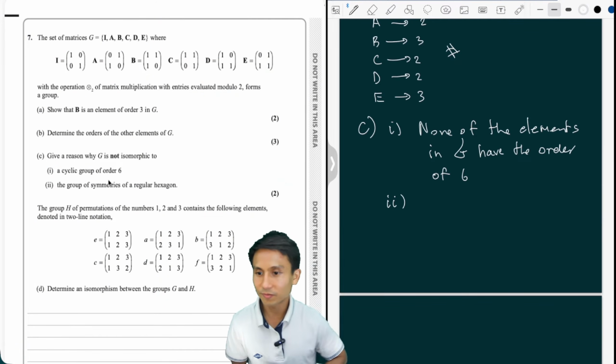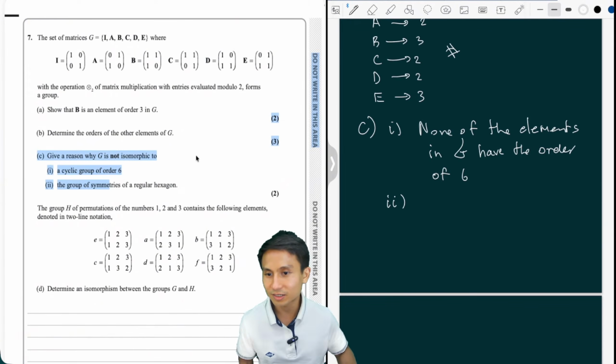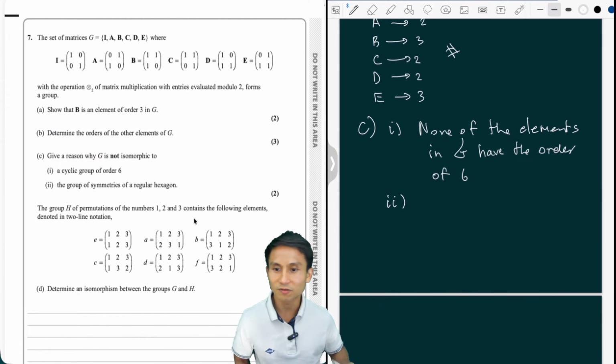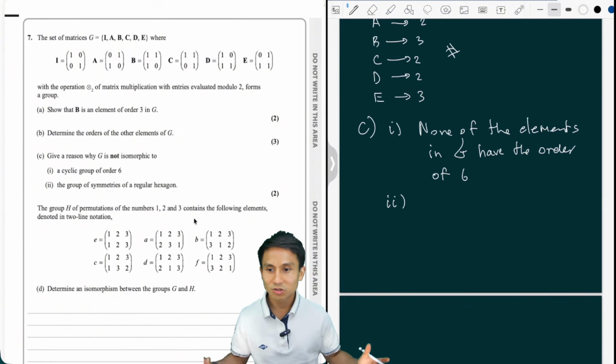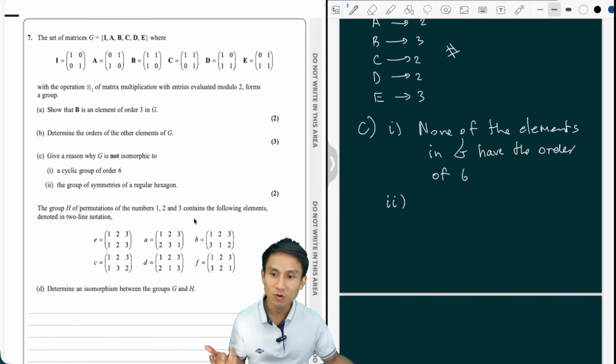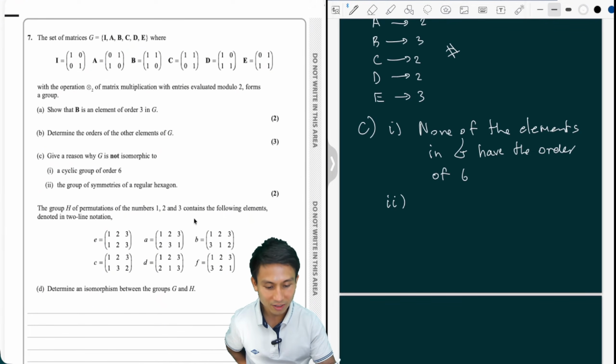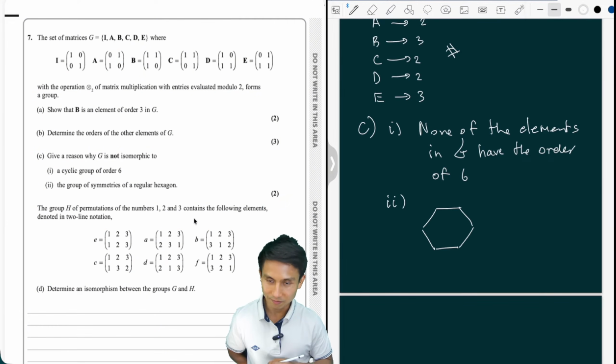Okay, part 2. The group of symmetries of a regular hexagon. So we have to find the symmetry order of a regular hexagon first. In order to find that for a geometrical shape like a regular hexagon, you need to work out two things and add them up.